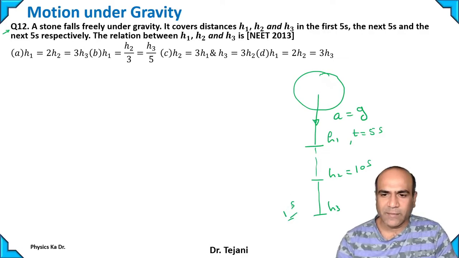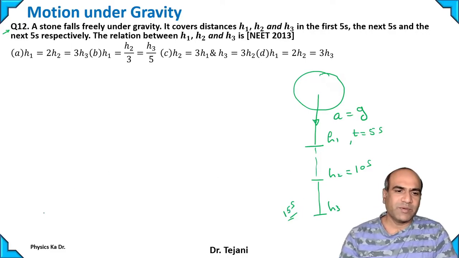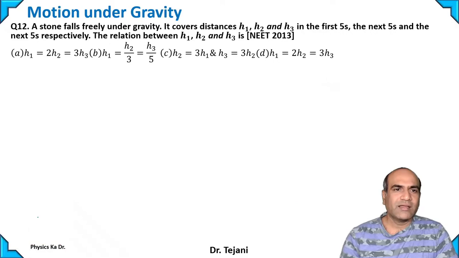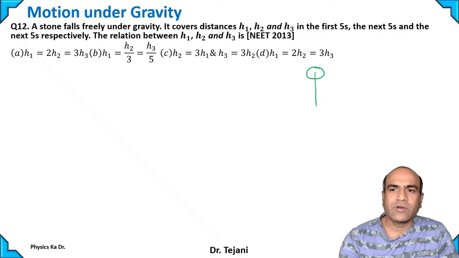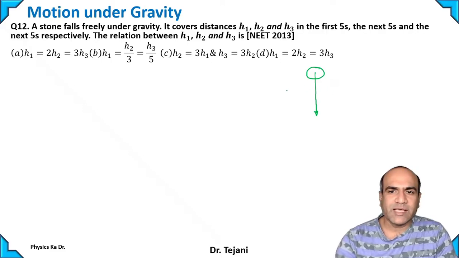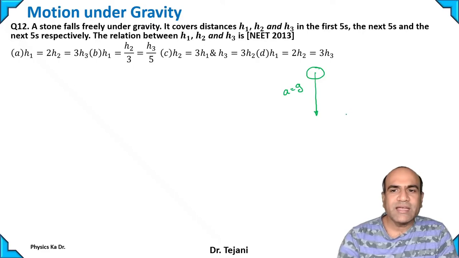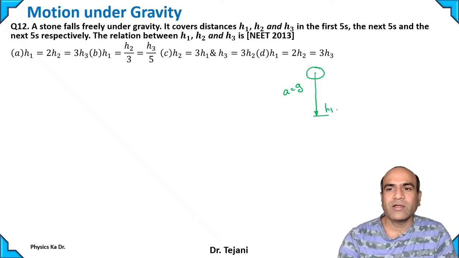Don't make such a mistake, 15 seconds, right? Again, let me repeat this. A stone falls down under free gravity, that means acceleration is equal to positive g. First it covers distance h1 in 5 seconds.